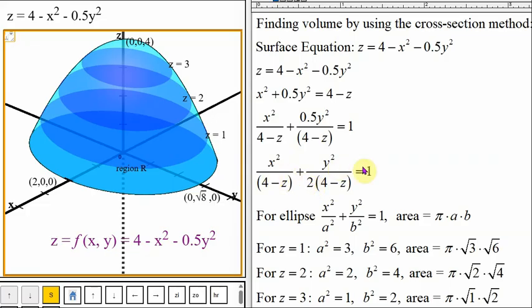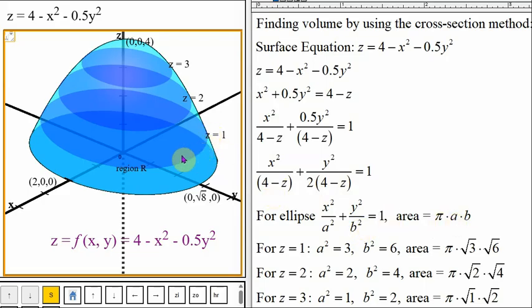Here we end up with an ellipse of the form x squared over a squared plus y squared over b squared equal to 1. Recall that the area of an ellipse is pi times a times b.